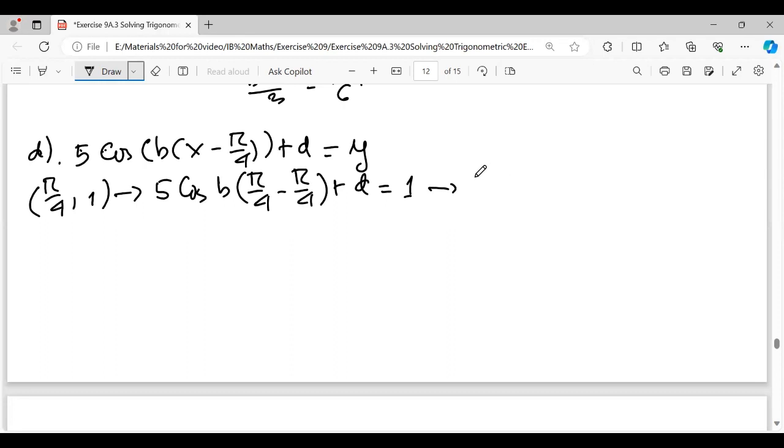So it becomes 5 cosine, this is 0, plus d equals 1. So this is cosine 0 equals 1, 5 plus d equals 1. So it means d equals negative 4 because 1 minus 5.